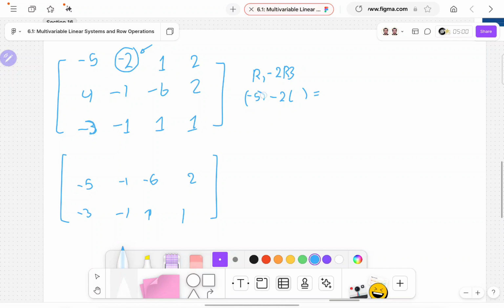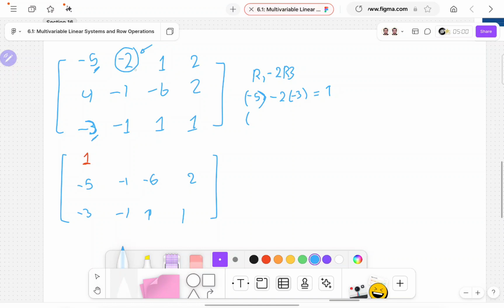So row 1 is negative 5 minus 2 times row 3, which is negative 3. So as you can see, the answer here becomes negative 5 plus 6, which is equal to 1. Do you see now the first value becomes what? It becomes 1 by solving the second column in the first row.